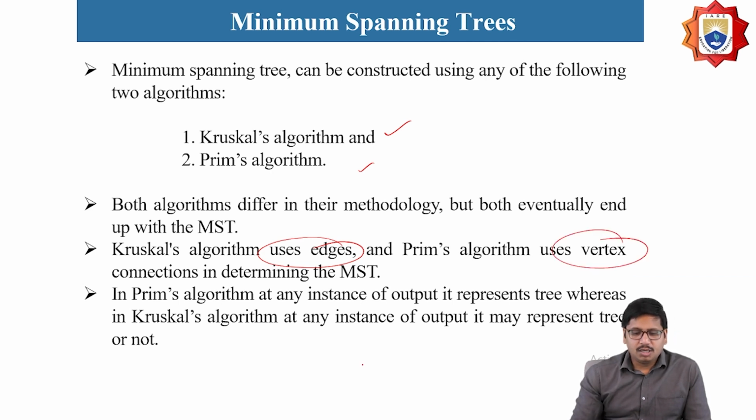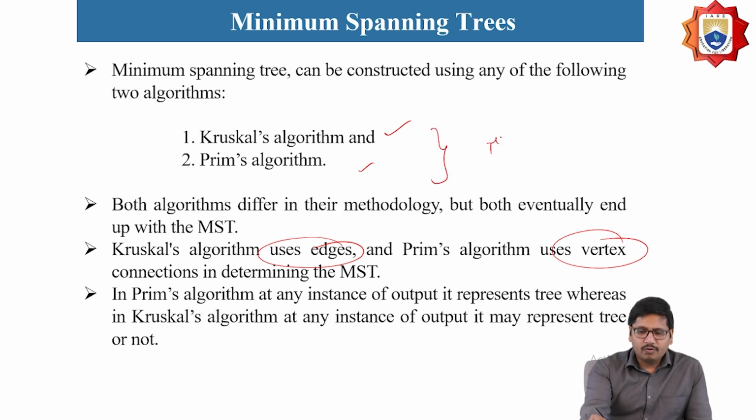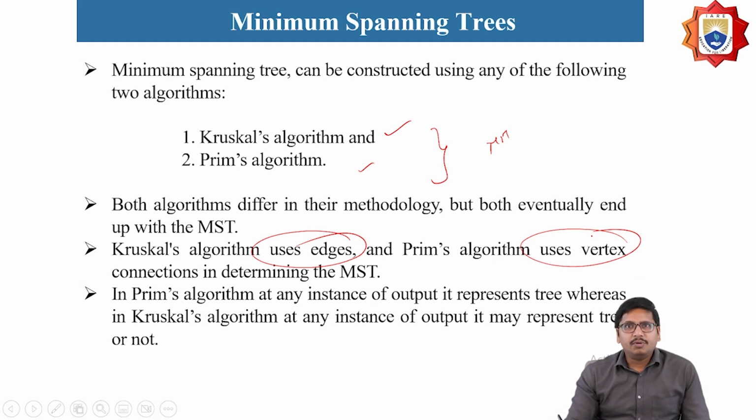In Prim's algorithm, at any instance of output, it represents a tree, whereas in Kruskal's algorithm, at any instance of output, it may or may not be a tree. In both algorithms we find the minimum spanning tree, but the methodology is different.